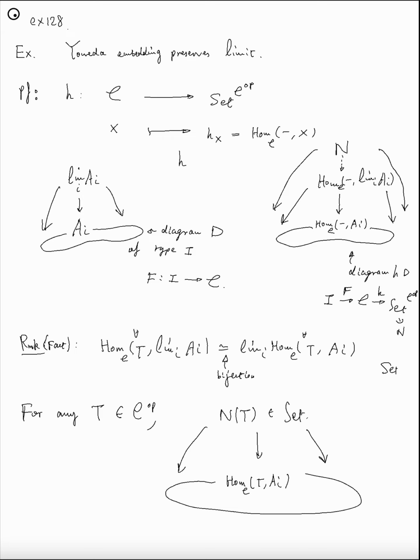But then by the universal property of the limit in sets, we know there is a universal cone over this diagram, which is the limit of this, and so it factors through this.